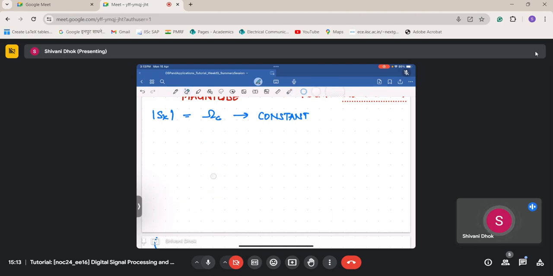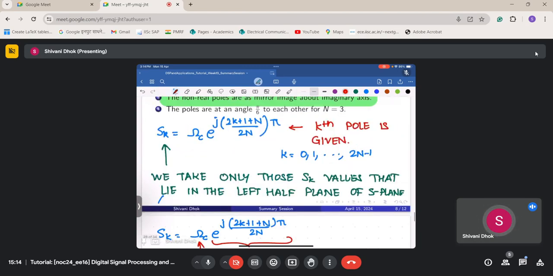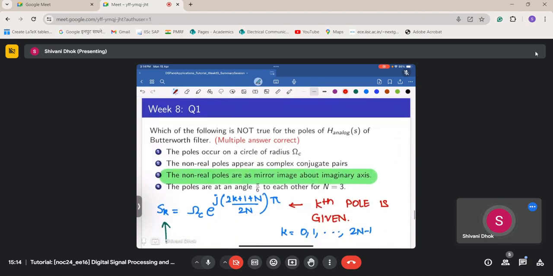Therefore this simply tells us that the Sks lie on a circle of radius omega c, which means that the first option is correct.